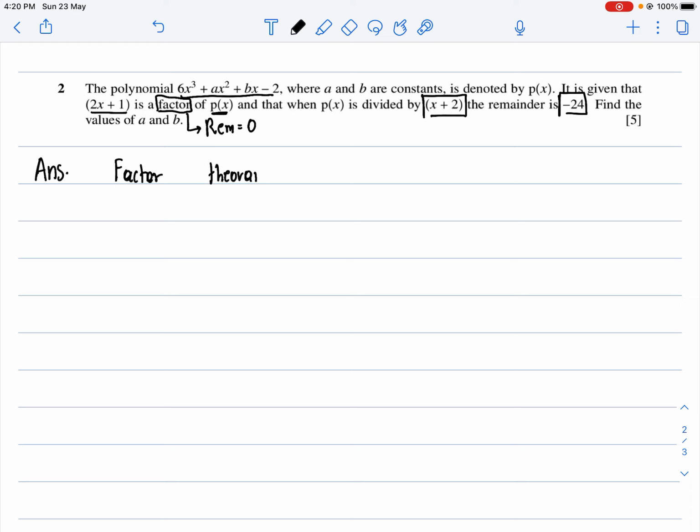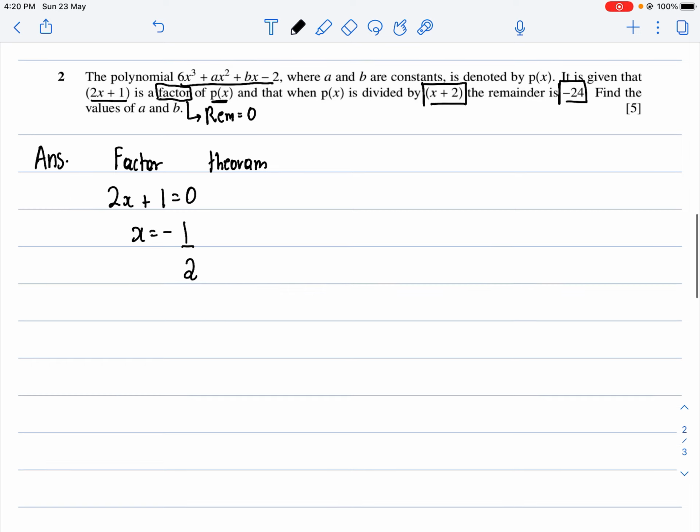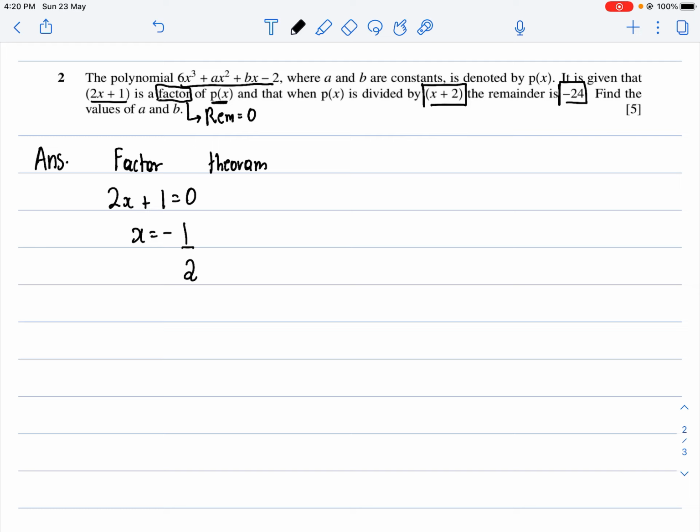What I simply do is, let me take 2x plus 1 first. I equate 2x plus 1 to 0, so I get my x as minus half. Now I can substitute minus half in the place of x here.